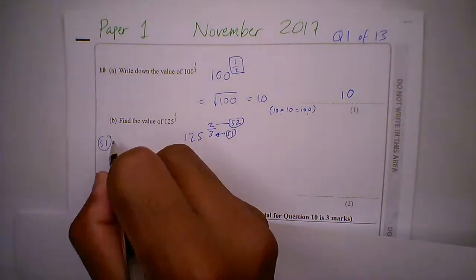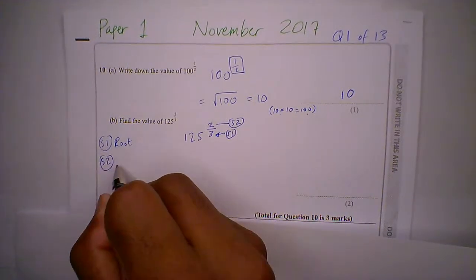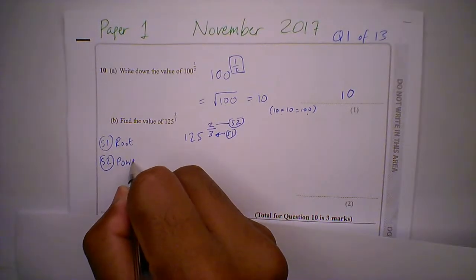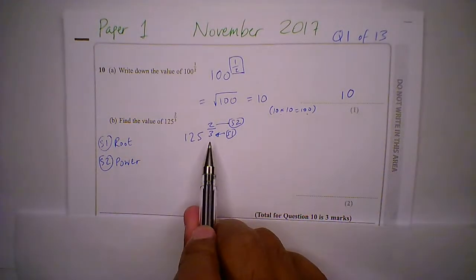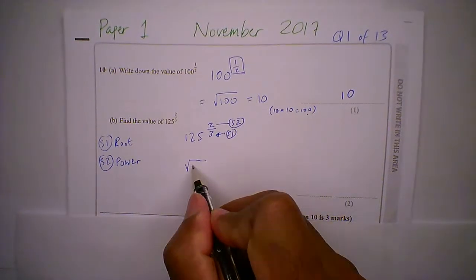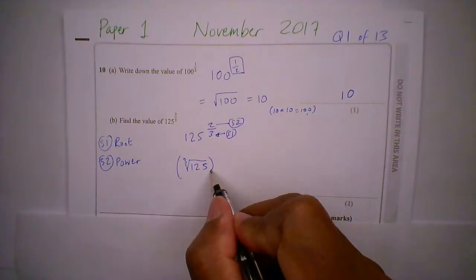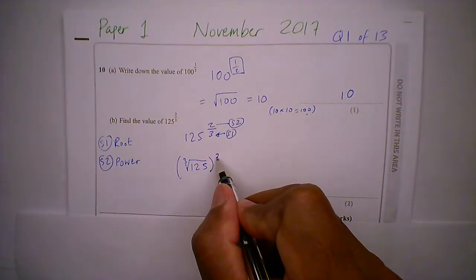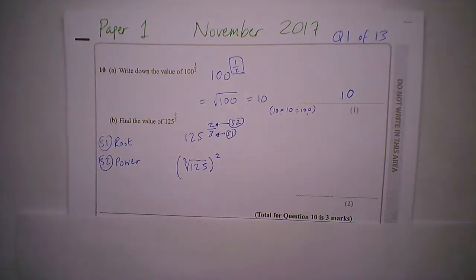Step 1 is I find the root, and step 2 I raise it to the power. So if I look at step 1, the cube root of 125, and then step 2 is I square it.